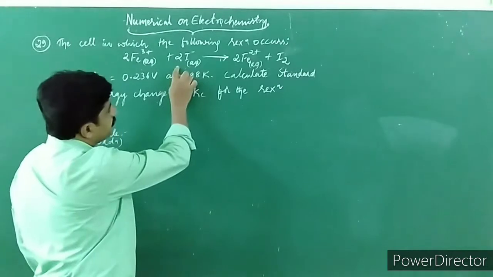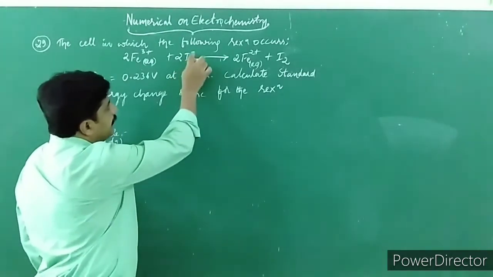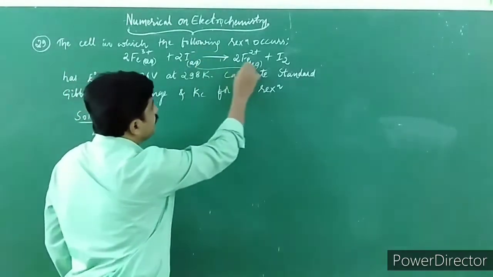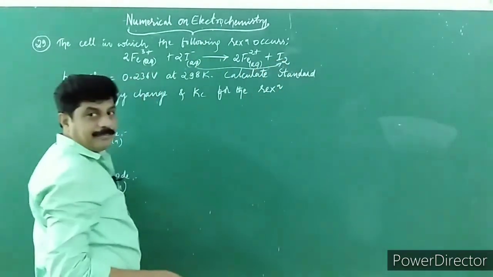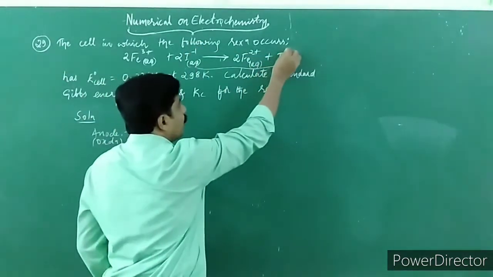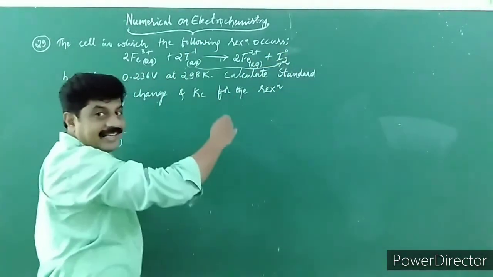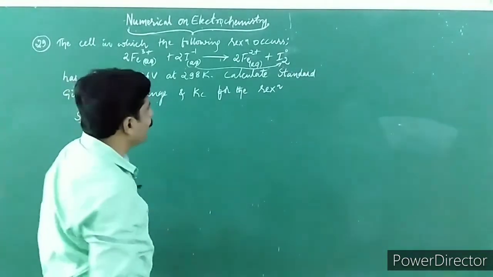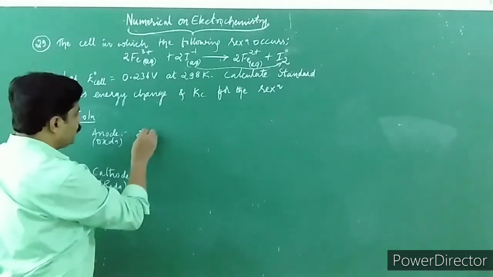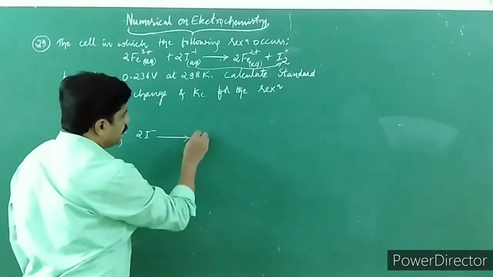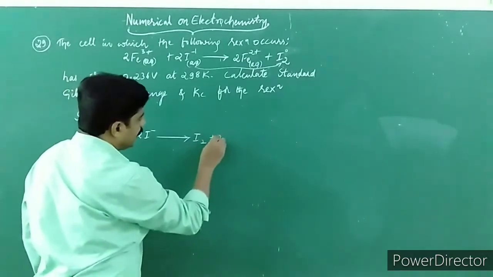In this reaction, I minus 1 is getting converted into I2. That means from minus 1 oxidation state to 0 oxidation state. That means increase in oxidation number, which is nothing but oxidation. Hope you understand that. Let me write 2I- is getting converted into I2 by losing 2 electrons.